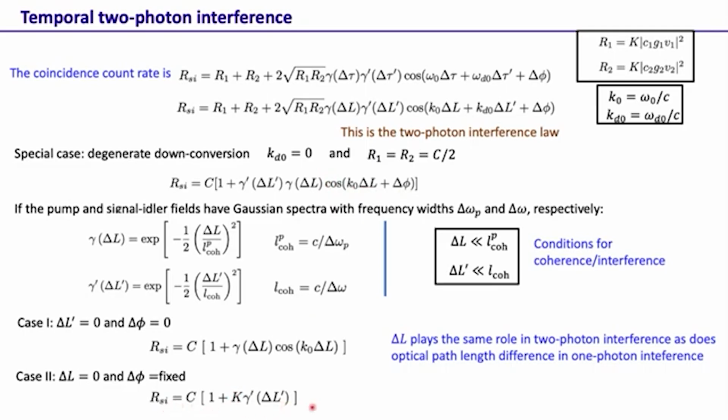So in this case, if we change delta L prime, we do not see any interference. Rather, we just see the profile of the function gamma prime delta L prime, and if this profile happens to be a Gaussian function, then we will just see a Gaussian profile. So this has really no one photon analog. Delta L does have a one photon analog, but delta L prime does not. This is specific to two photon interference.